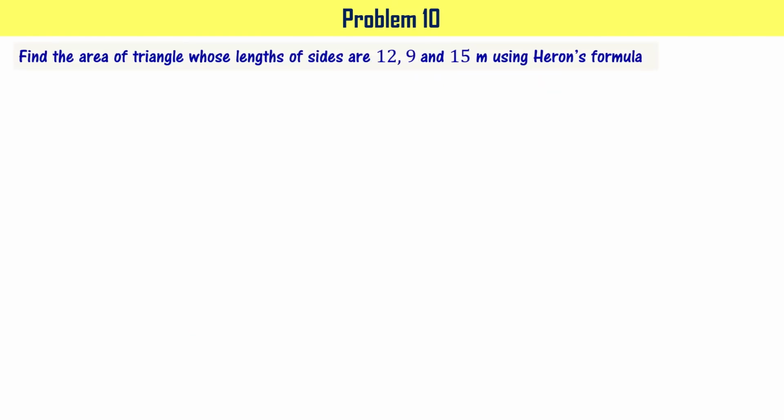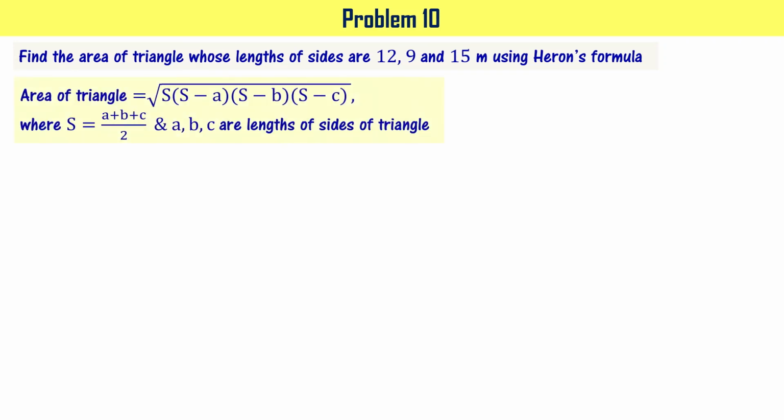The next problem is find the area of triangle whose lengths of sides are 12, 9 and 15 meters using Heron's formula. Area of triangle is given by Heron formula as square root of s times (s - a) times (s - b) times (s - c), where s is equal to (a + b + c)/2, where a, b and c are the lengths of the sides of the triangle, right?